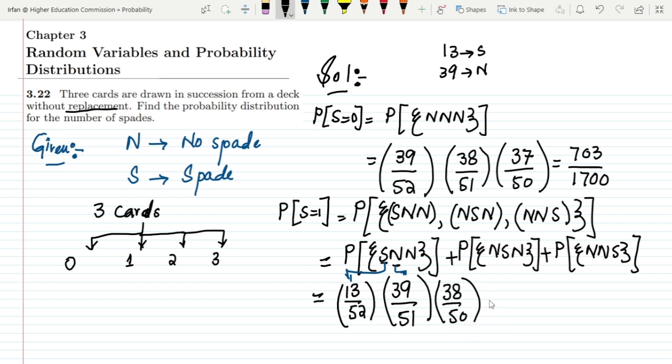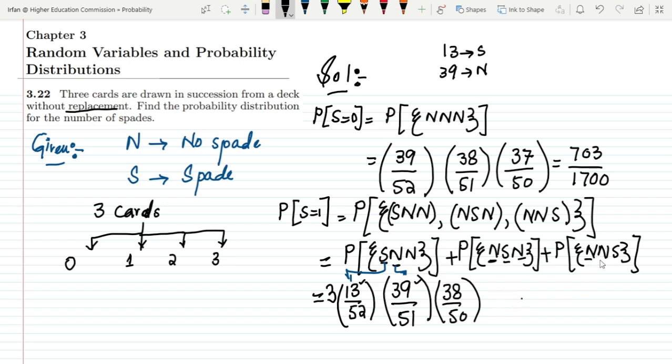The other cases will also be like the ones we have got here. In the multiplicative terms they will be in a different order, but they will be the same items. Therefore I have to multiply by 3 as well. For the first item you get this one, for the second this one, and for the third this one.